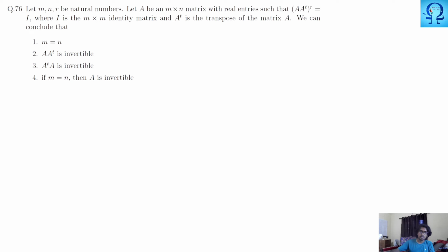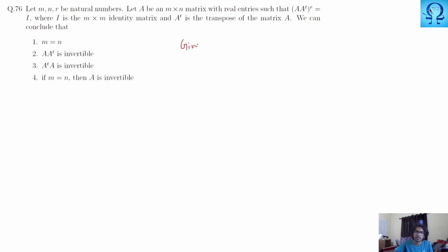Okay, let us try something. First of all, we must try and identify one such A, if it is possible, to discard some options. I think there is no need of discarding the options.